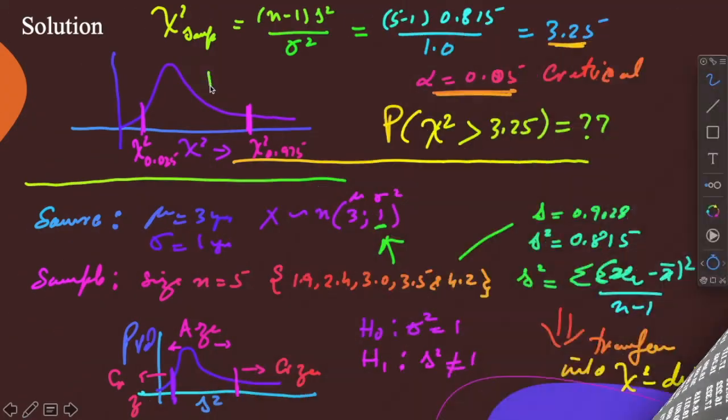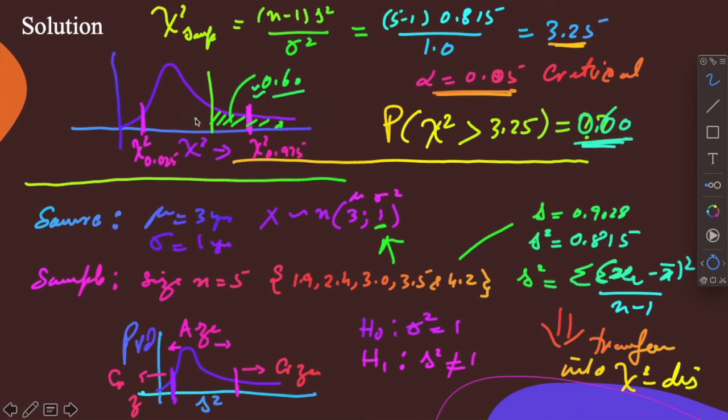This value comes as approximately 0.60, which gives an idea that the calculated value is almost giving the same variance as the source. If this value, which we call the p value, were less than 0.025 on either side, if it was over here or here, then the idea would be different. So this is how we can apply the chi-square distribution.